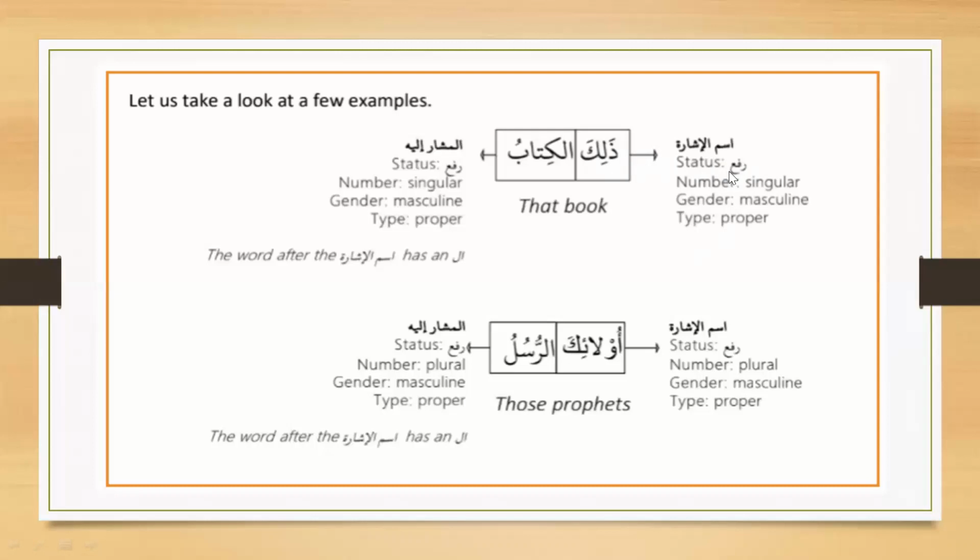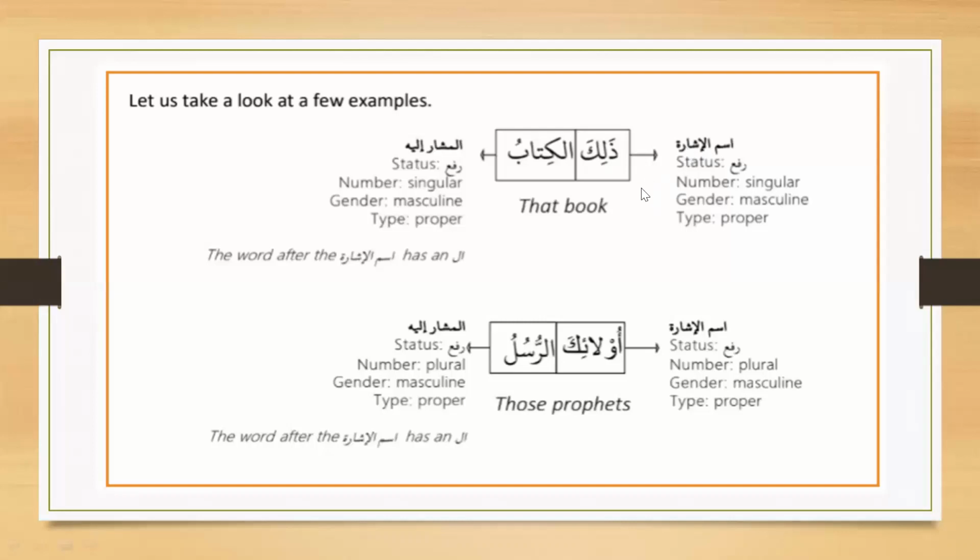Zalika status is rafa. Now number, we know that it's a singular pointing word, and gender, it's masculine. And type, ism ishara is one type of proper ism, right?